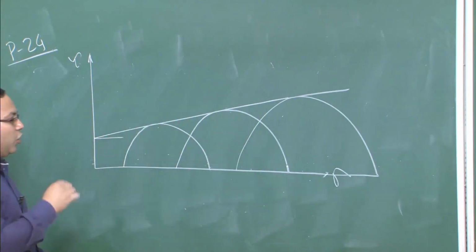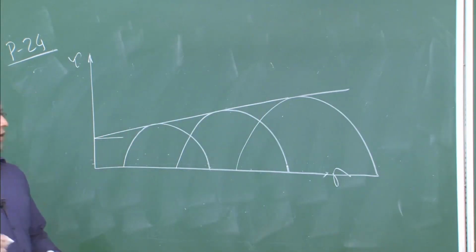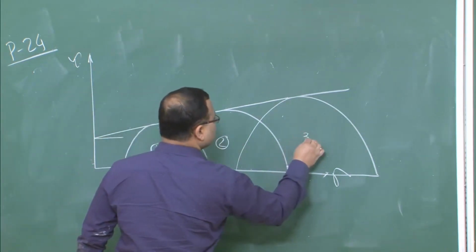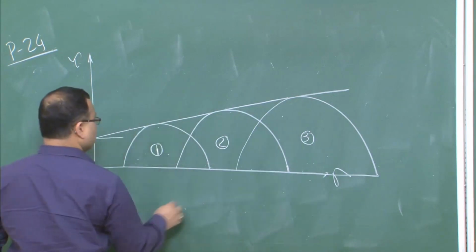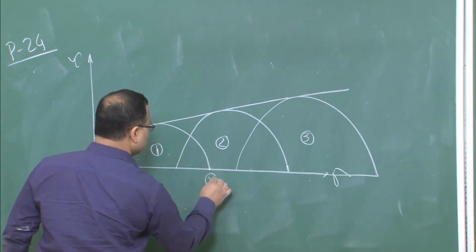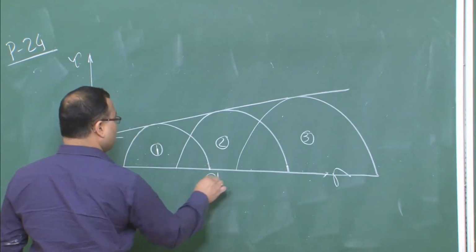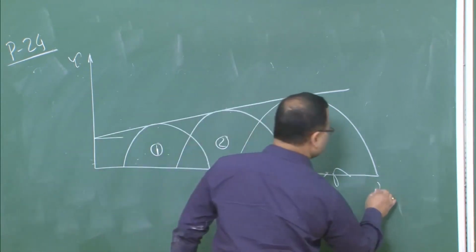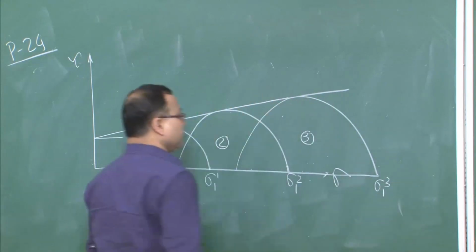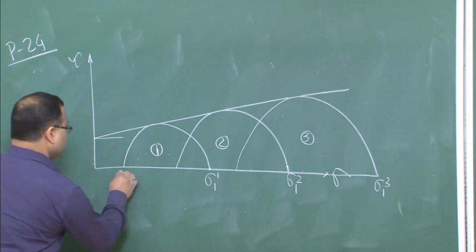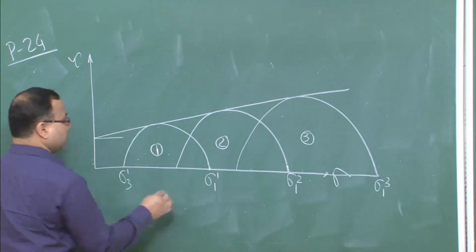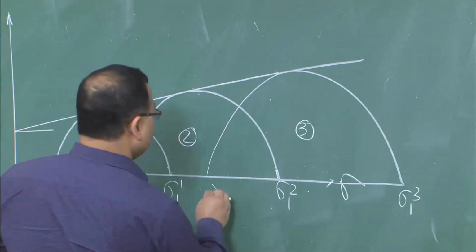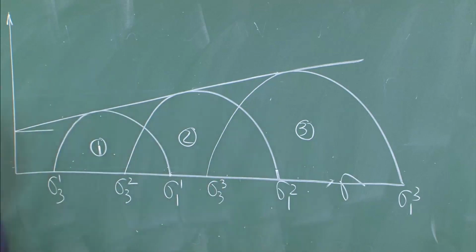So, if you draw all the Mohr circles, this is for sample 1, this is for sample 2, this is for sample 3. This is your sigma 1 for sample 1, sigma 1 for sample 2, sigma 1 for sample 3, and so on. This is sigma 3 for sample 1, sigma 3 for sample 2, sigma 3 for sample 3.